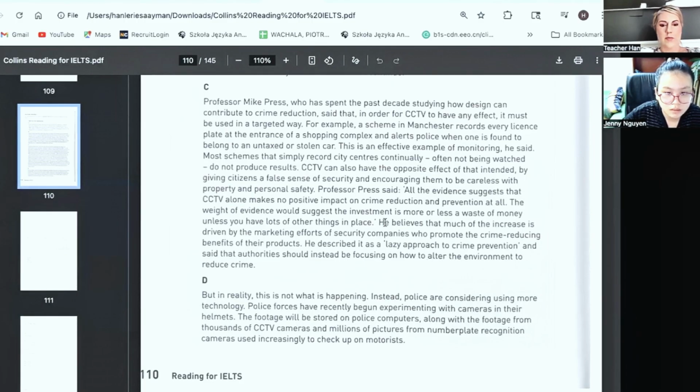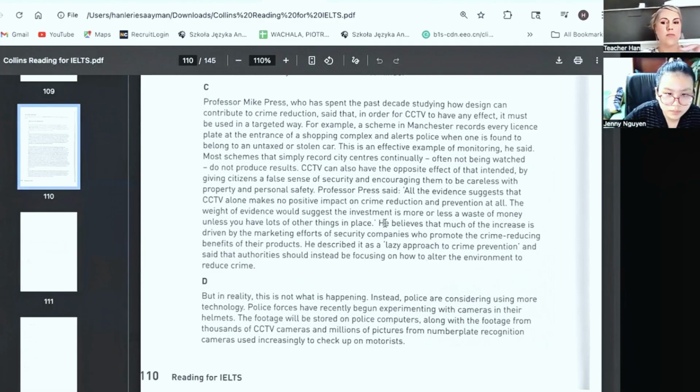Professor Press, who has spent the last decade studying how design can contribute to crime reduction, said that in order for CCTV to have an effect, it must be used in a targeted way. For example, a scheme that records every license plate and alerts when one is found to belong to an untaxed or stolen car.